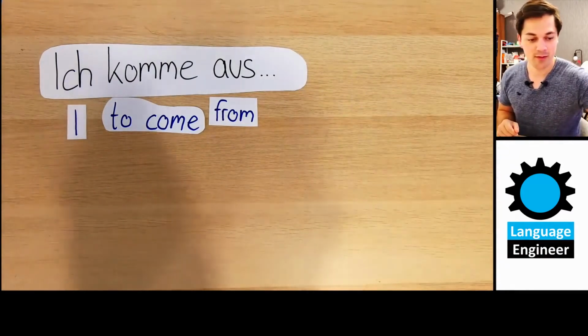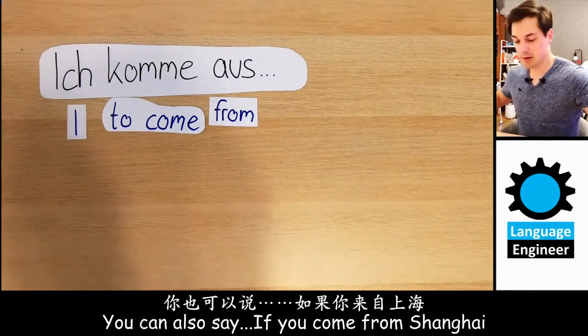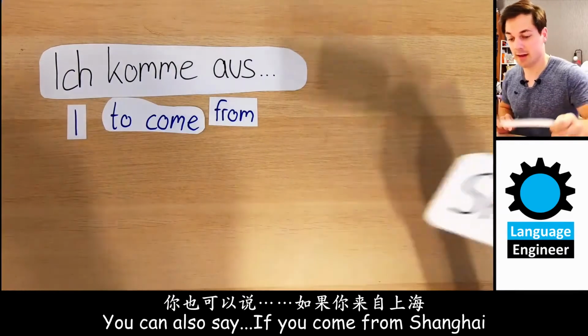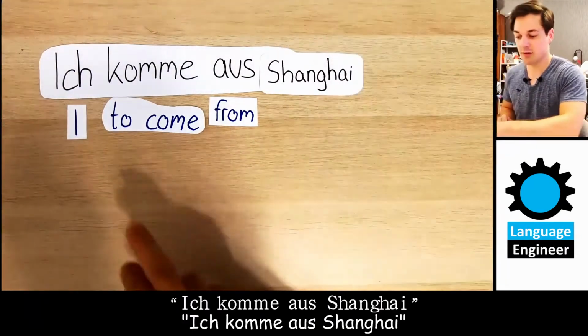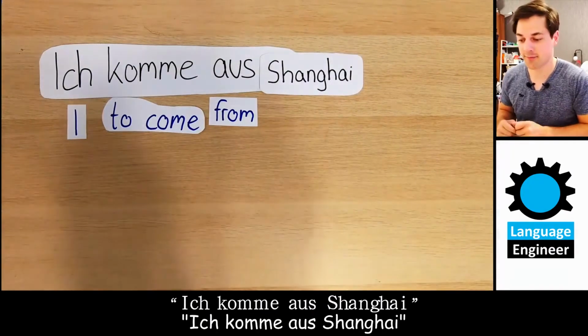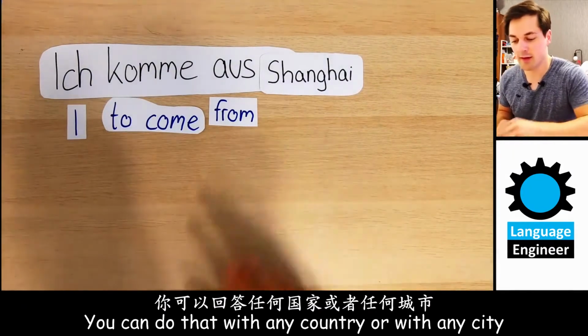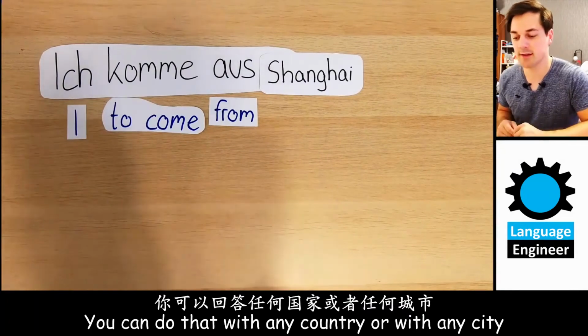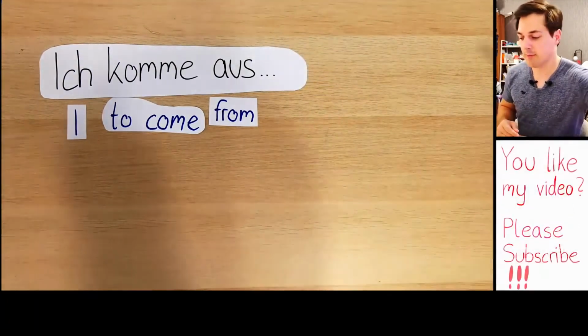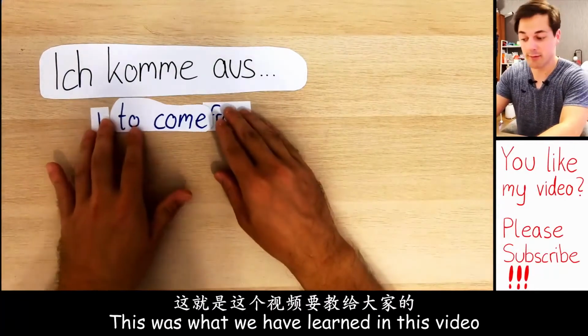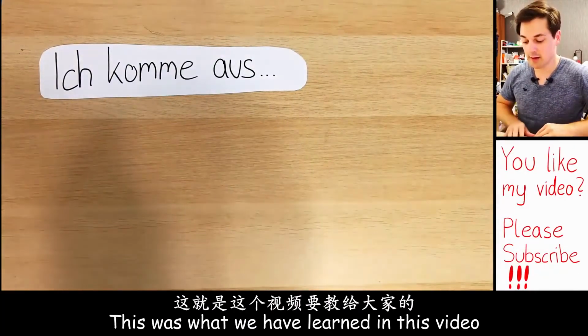And if you come from Shanghai, then you can say, ich komme aus Shanghai. So you can do that with any country or with any city. Okay. This was what we have learned in this video.